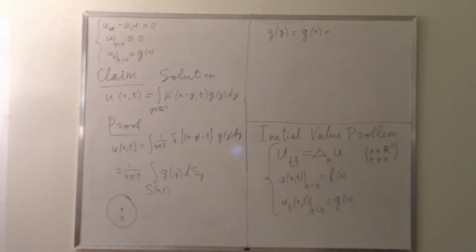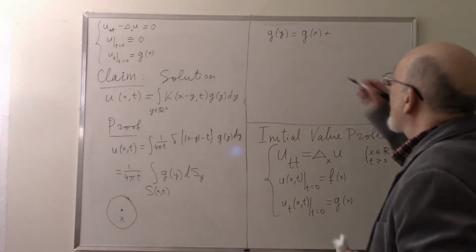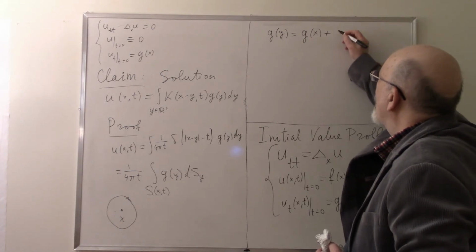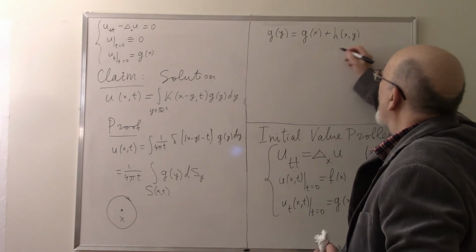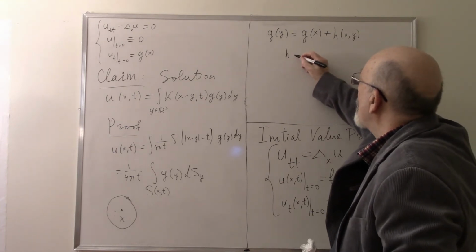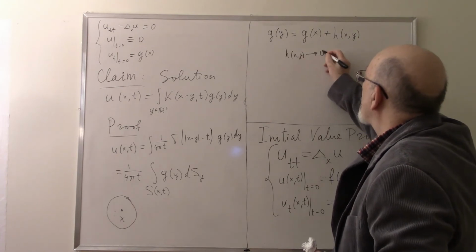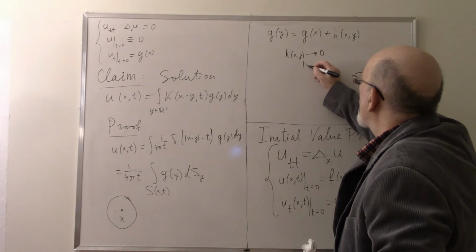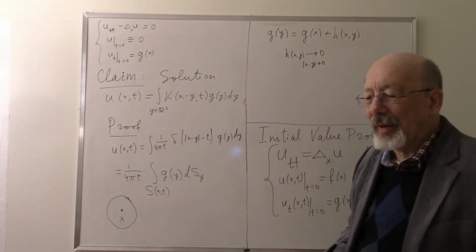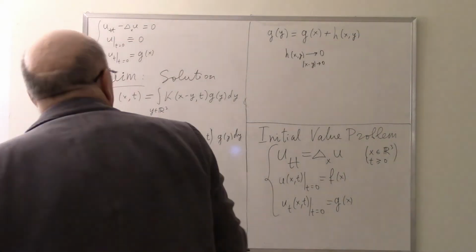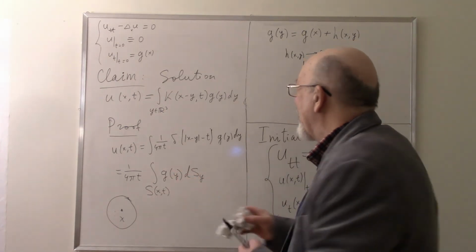I'm sorry. g of y equals g of x plus, say, h of x, y, and h of x, y goes to 0 as modulus x minus y goes to 0. So the first approximation will be if you replace g of y by g of x.